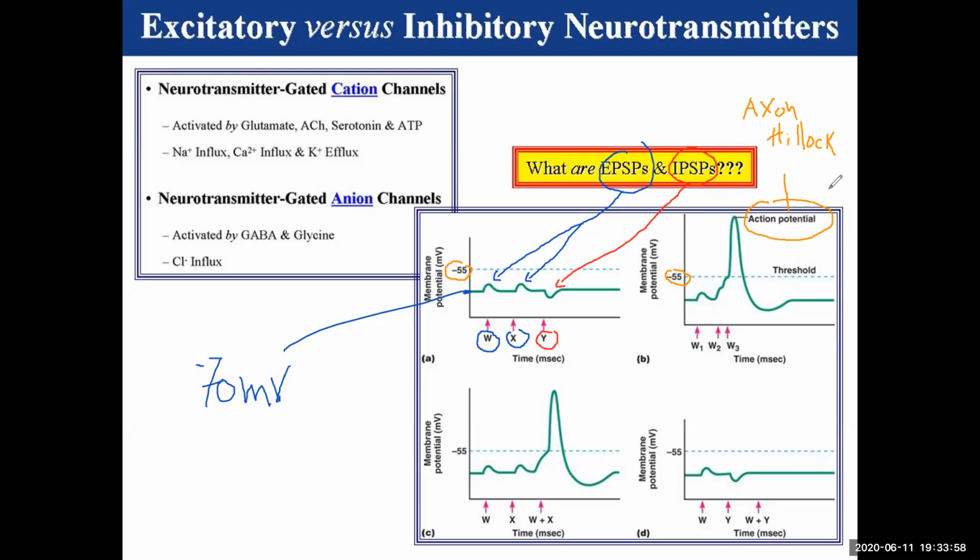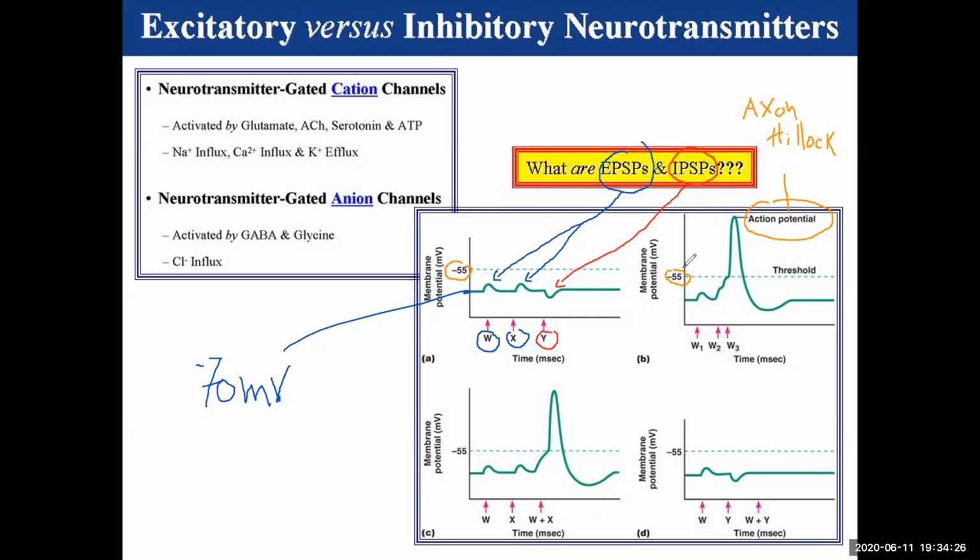This is the birthplace of all action potentials. So if the plasma membrane of the axon hillock displays a value of minus 55 millivolts, minus 54 millivolts, it will fire an action potential. But if it has minus 56 millivolts, it stays silent. It remains silent. It won't fire an action potential.